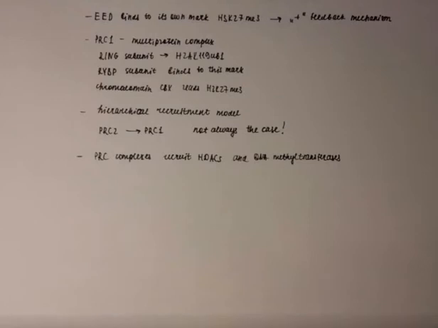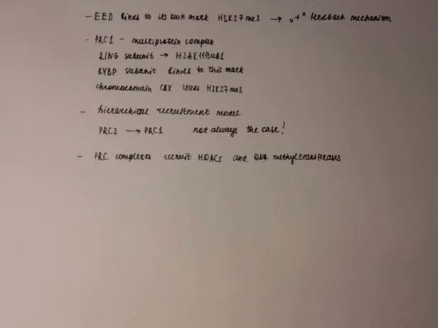Another PRC2 subunit, specifically EED or embryonic ectoderm development, binds to its own mark, trimethylated lysine 27, and it provides a positive feedback mechanism that is important for cellular memory and inheritance of this mark through cell division.